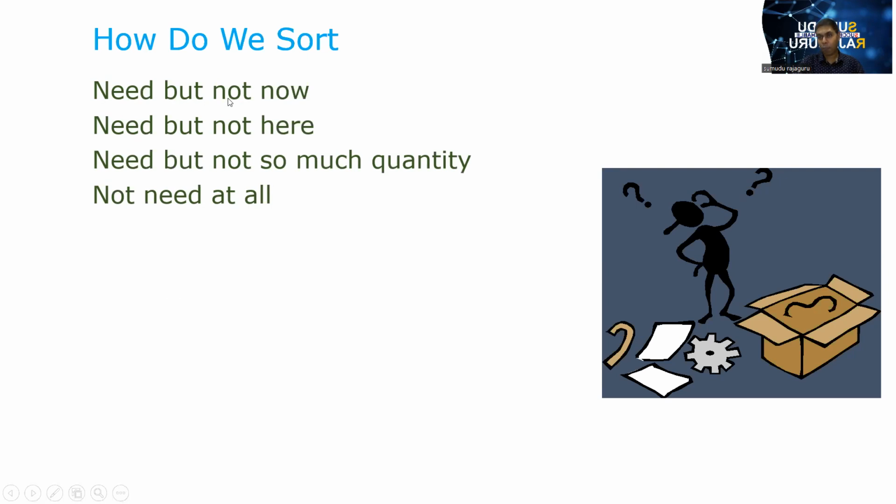Need but not now. Need but not here, so whatever the required place is, we have to keep it there. Need but not so much quantity, so we can reduce the WIP also. Some items are not needed at all. By answering these questions, we can find out the way to sort out the unwanted things.